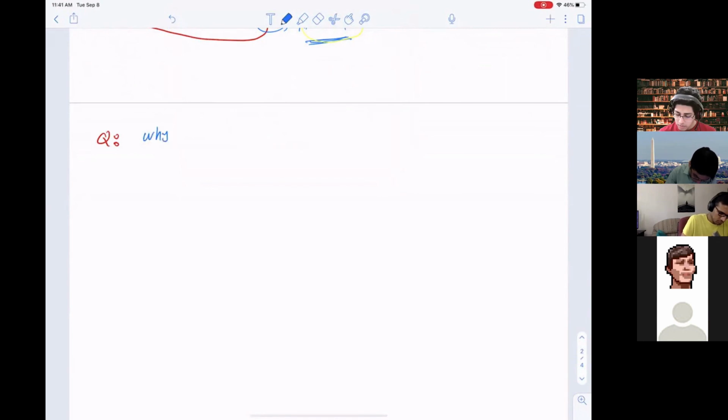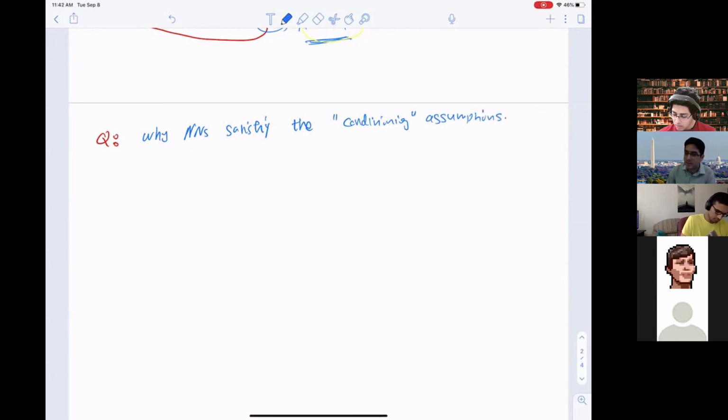So why neural networks satisfy the conditioning assumptions that we have. It means we have a mu PL condition and a bound on the curvature value.